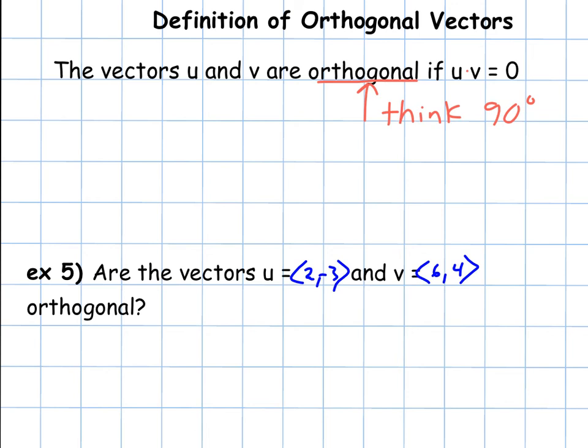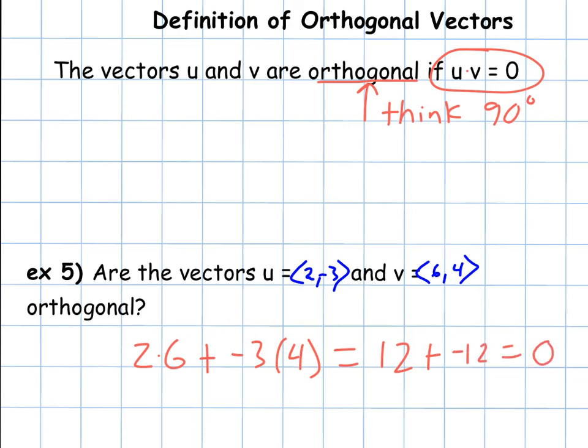Here's what it means for us, though: if we have two vectors and we check their dot product and it's 0, you've got two vectors that are orthogonal, that form a 90-degree angle. So I've got u and v down here, just a regular old dot product. 2 times 6 plus negative 3 times 4. That is 12 plus negative 12.